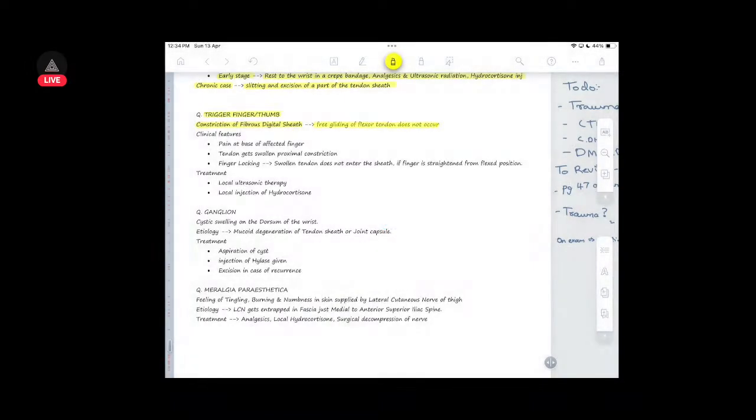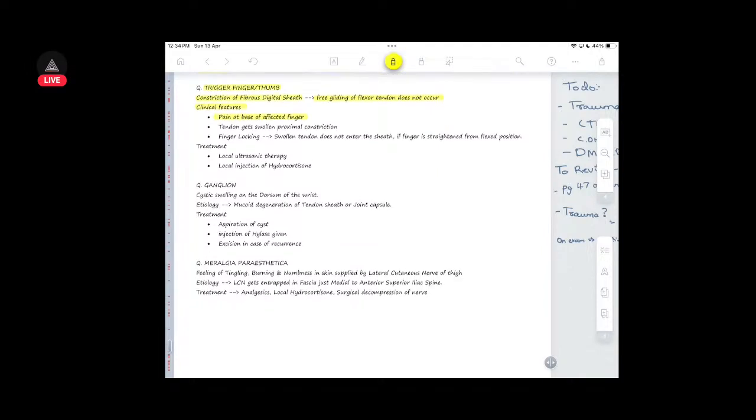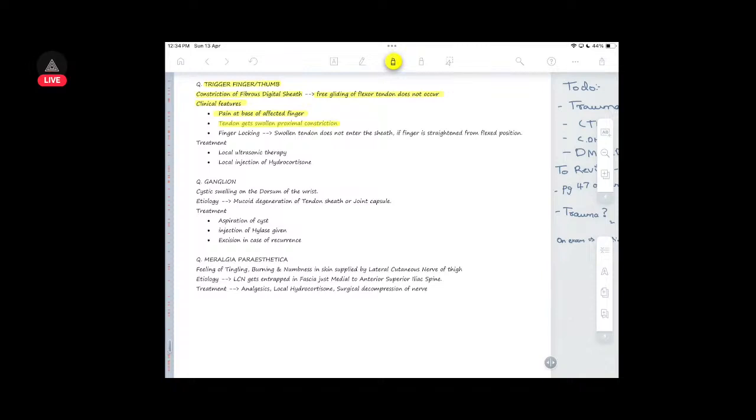So free gliding of the flexor tendon does not occur. Clinical features: pain at the base of the affected finger will be there. The tendon will get swollen with proximal contraction and finger locking will be there.